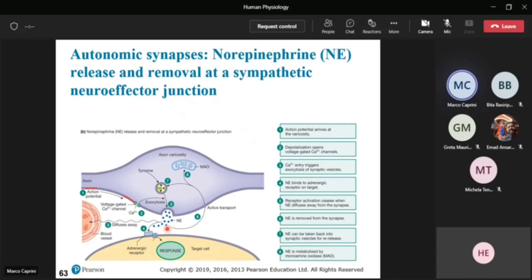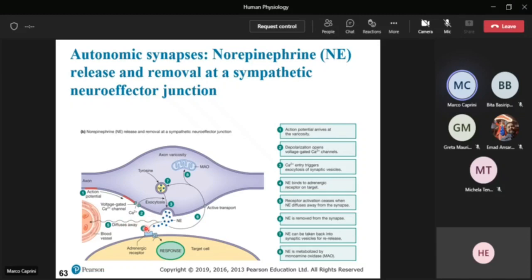Which is the name of the enzyme that metabolizes the acetylcholine neurotransmitter? Do you remember? Acetylcholinesterase. Exactly, perfect. Acetylcholinesterase. Thank you. So the neurotransmitter needs to be metabolized to stop its activity.